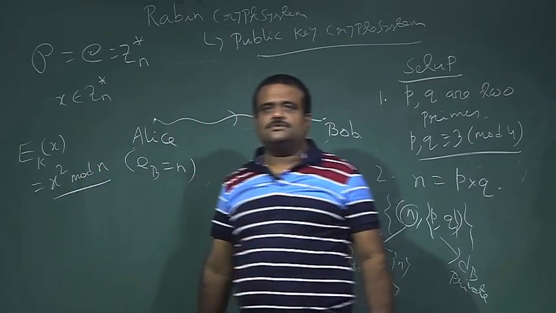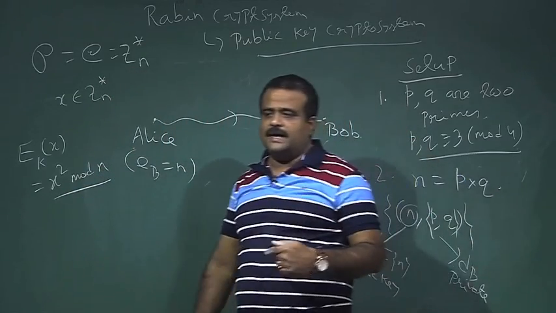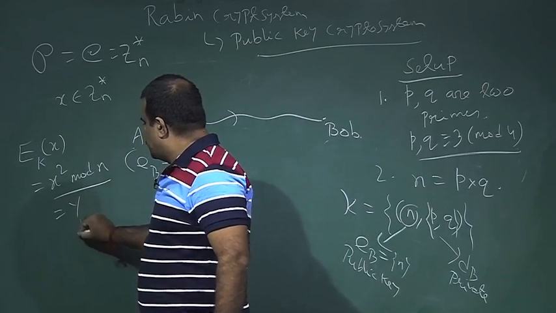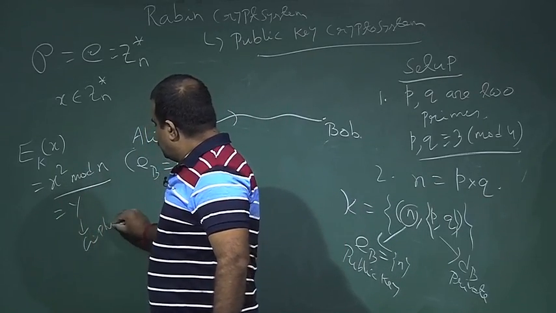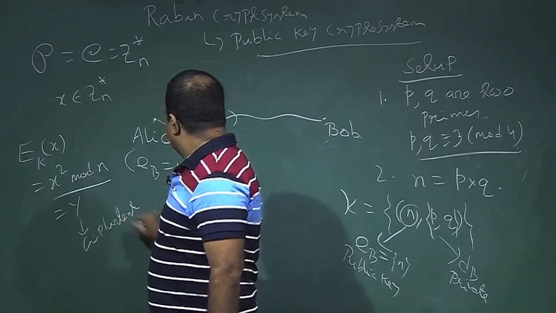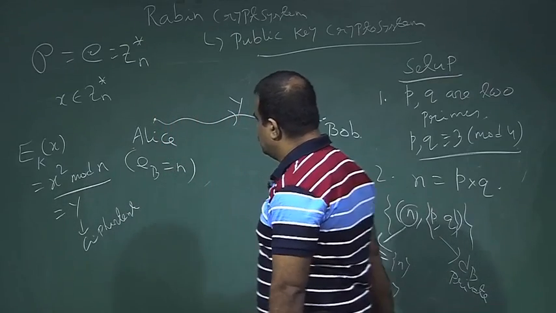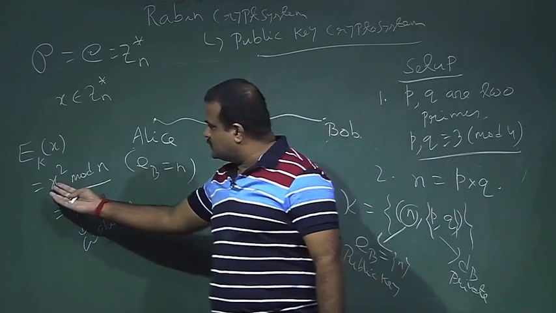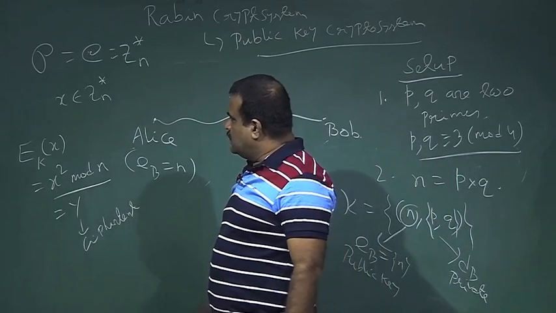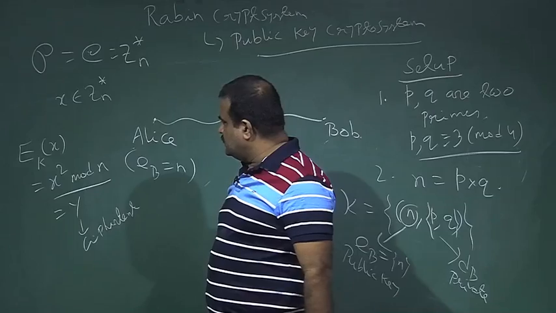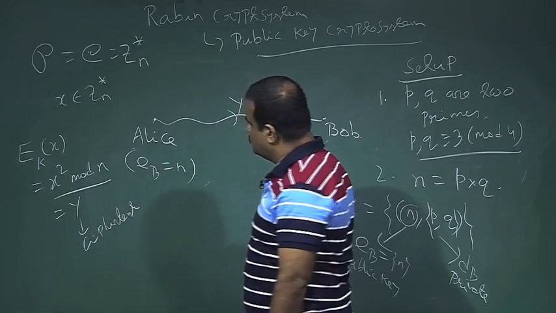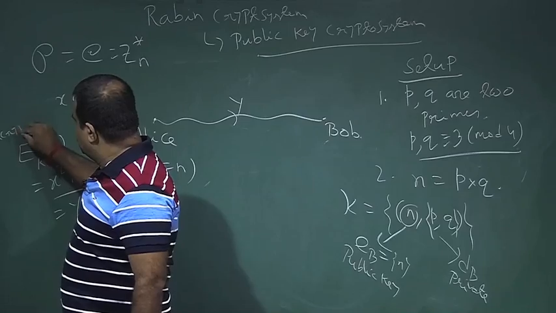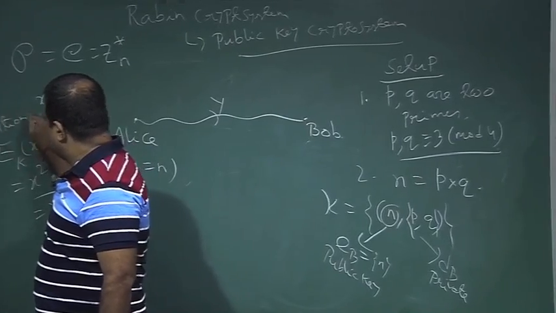So, Alice will just square x and take the mod n, and this is y, the ciphertext. And this ciphertext y Alice will send to Bob. So, this is the Rabin encryption.